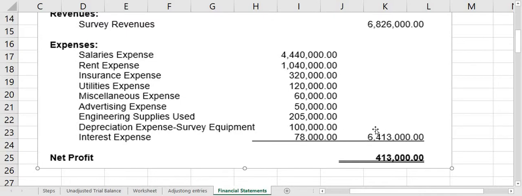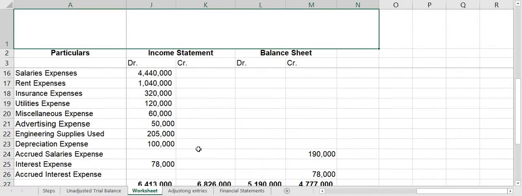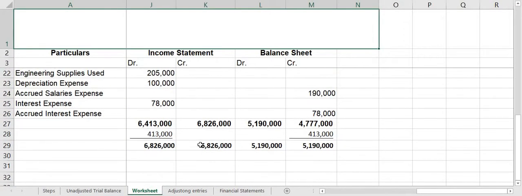Ayan. So you deduct that 6,826 minus 6,413. That gives you a net profit of 413,000. So, yan yung net profit natin na 413,000. Ito rin yung nag-reflect na difference ng debit at saka credit column ng ating income statement at ng ating balance sheet.